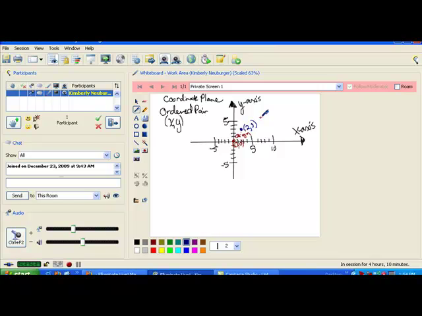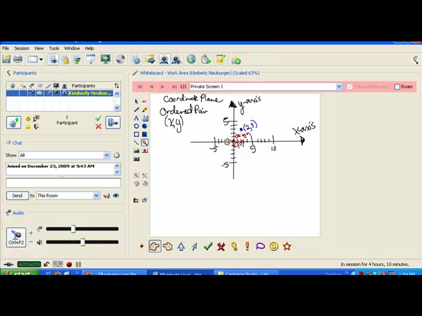Now, when you're plotting points, you can already kind of tell where the point's going to land based on the signs of the coordinate. Because if you look at your axes, where they cross is 0, and going the direction you read, the x-axis has all the positive values and it gets larger, just like a number line. Going the opposite direction from the 0, the values get smaller, and that's the negative side of your number line.